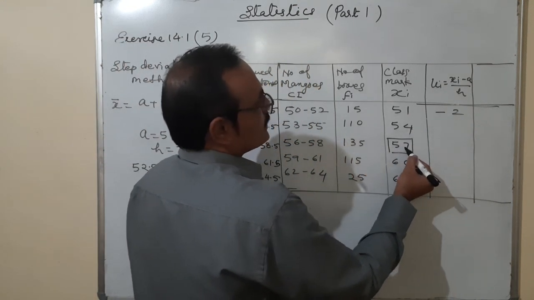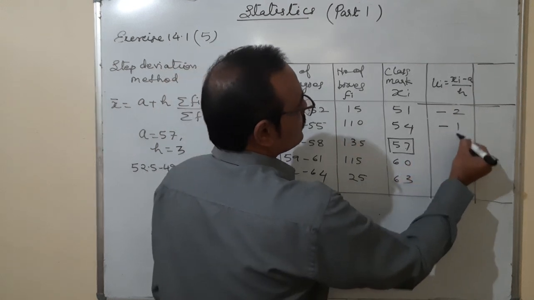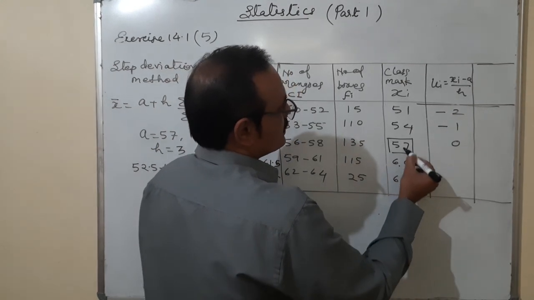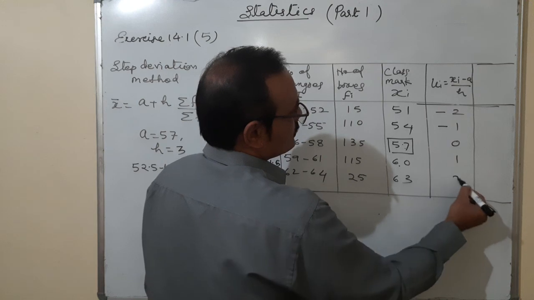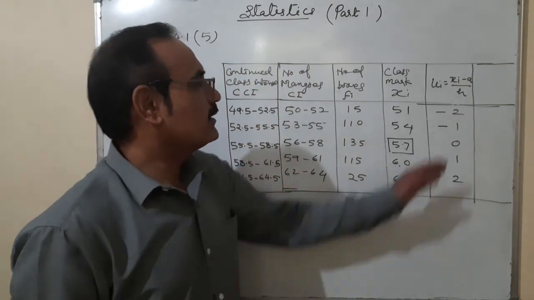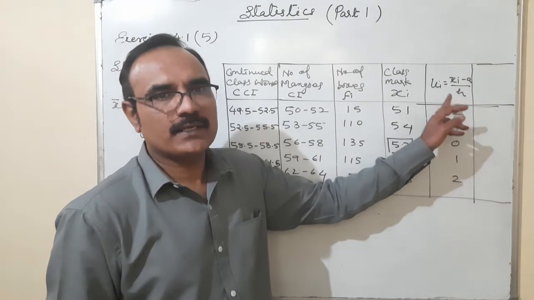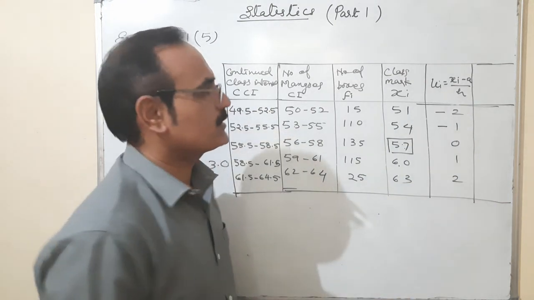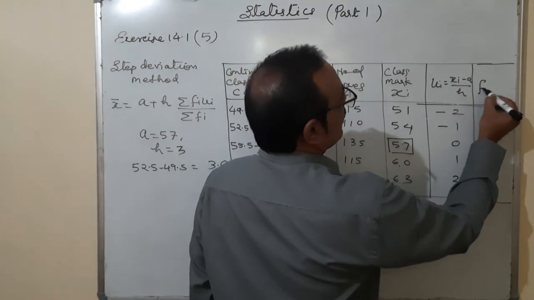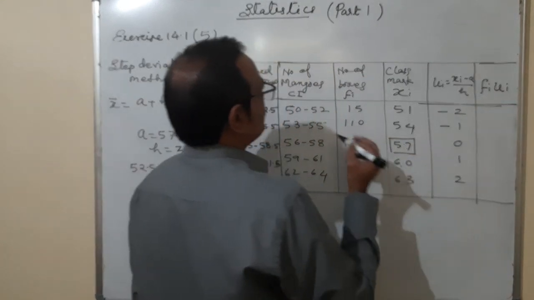Then 54 minus 57 is minus 3, upon 3, minus 1. Then 0. 60 minus 57 is 3, upon 3, 1. Then 2. Always it happens in the ui column, in front of Xi: minus 2, minus 1, 0, plus 1, plus 2. You remember it. After that, Fi ui.